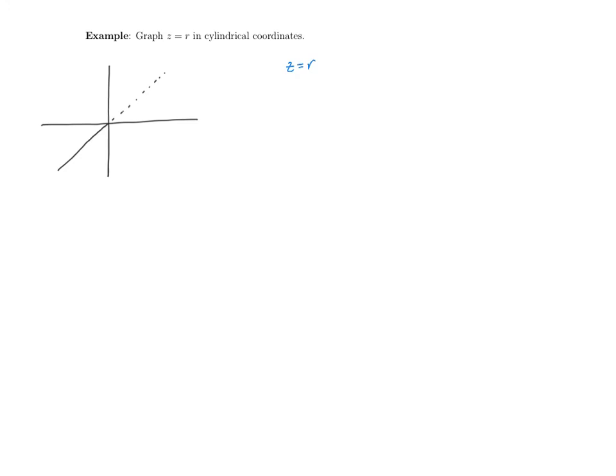Note if you start with z equals r, and we once again square both sides, z squared would be r squared, and r squared is x squared plus y squared. And this is a familiar quadric surface that we encountered earlier this semester. It is a cone. So the graph of z equals r would be the cone that we've encountered previously.